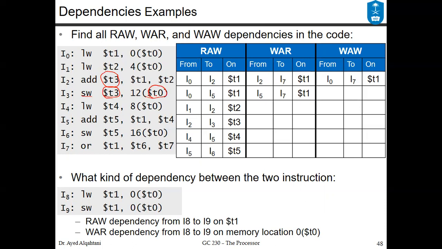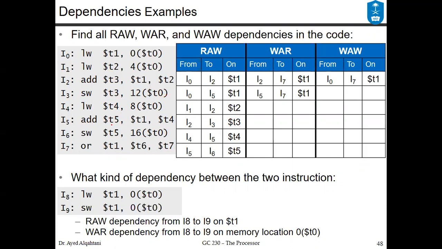So you read T0 when it's a store, and you also read T3 because this is a store. You read the data, and you read the base register and add the offset to it. So this is basically a write, and then there is a read after that. So this is read after write. Between I2 and I3, we have it on T3.